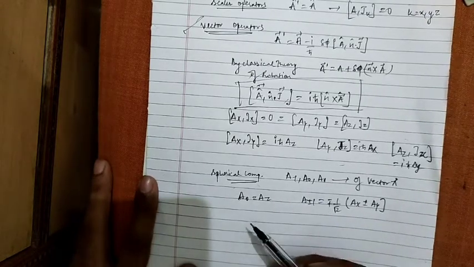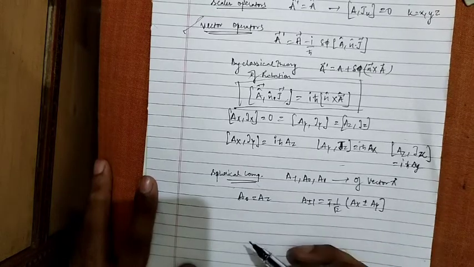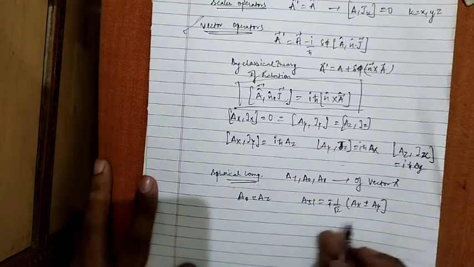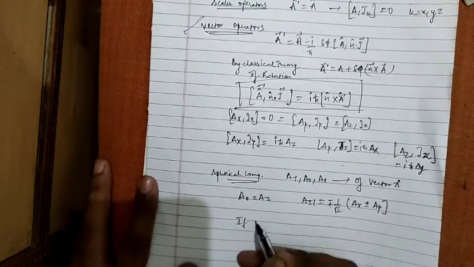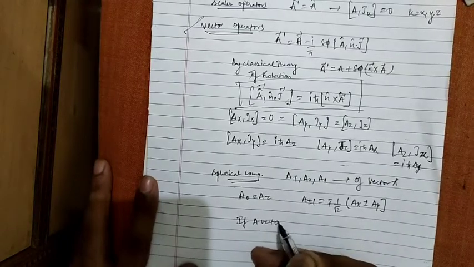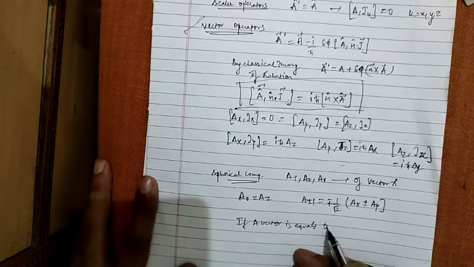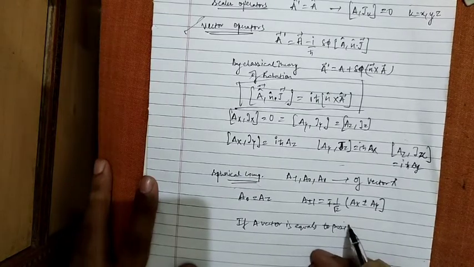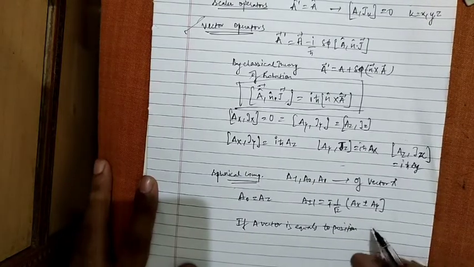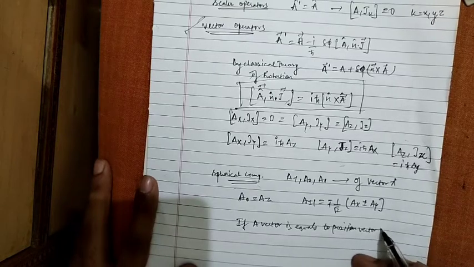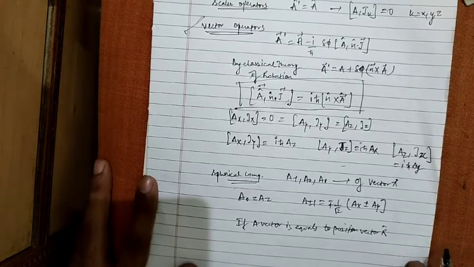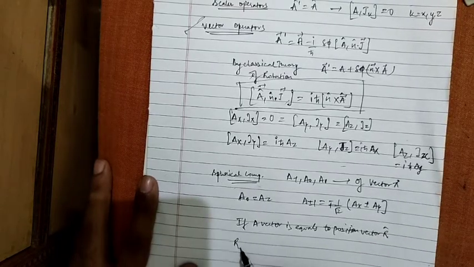And if this operator A in some case is equal to the position vector r, then they can be expressed as follows.